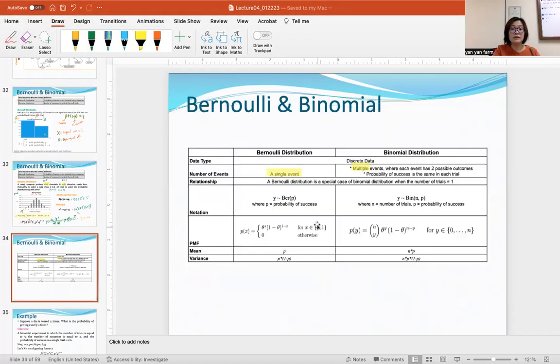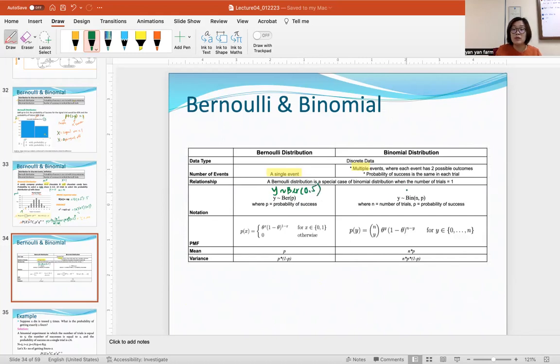Okay, so this is the summary, the general things. If you are writing a notation on the Bernoulli, you write Y ~ Ber(p), where p is the probability of success. Like just now, the chocolate bar is 0.5, so my success is 0.5.